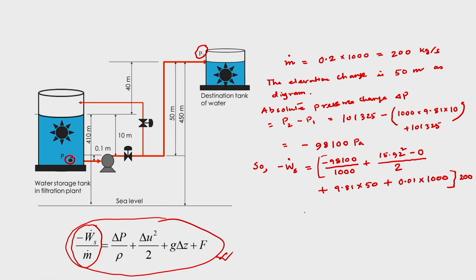Finally we get 105,124 watt, that means joule per second. In this way we can calculate the energy supplied by the pump to deliver this water to the destination tank.